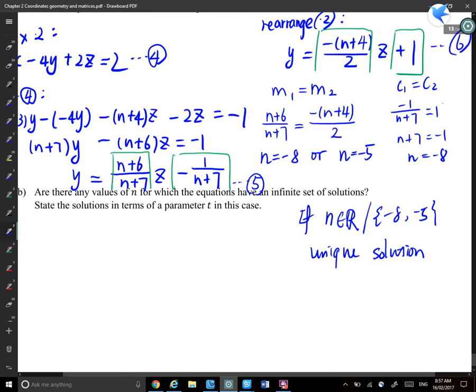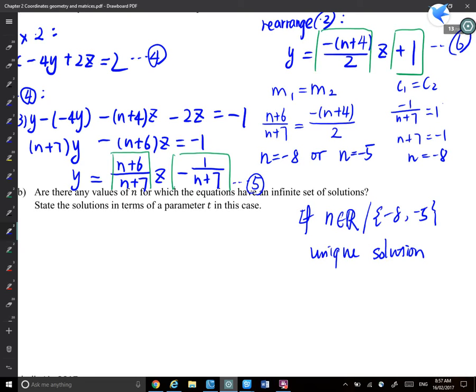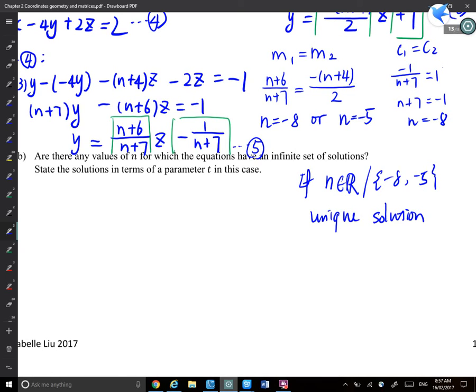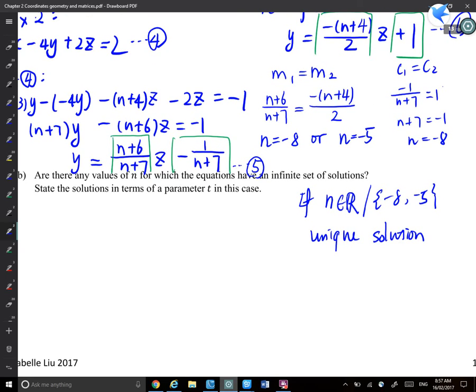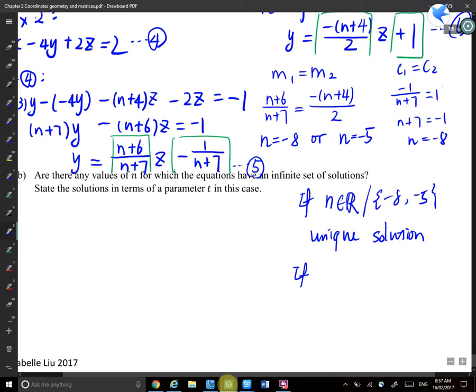Because if I can solve a particular value for z and for y, sub back, I must have a particular value for x. It's a one-to-one relationship, right? Now let's think about if n equals to minus 5, which gives you the gradient equal, but C1 not equals to C2.